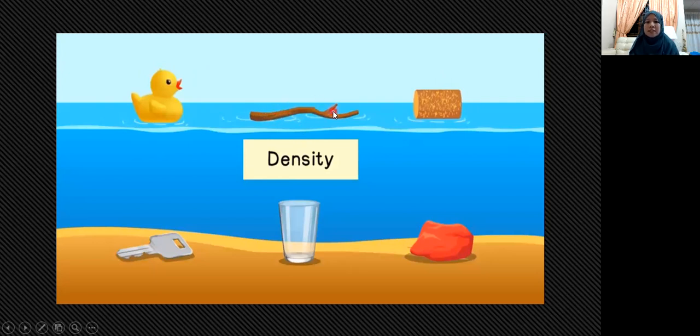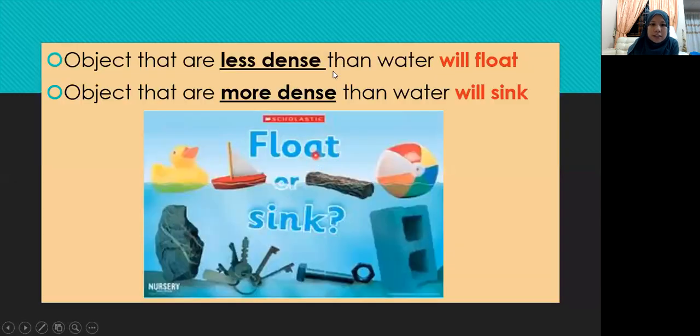Okay, all of these objects float. And why do these objects float? Because of the density. And you can see also key, glass, and also clay. These objects sink, and these objects sink because of their density. Okay, I will explain further after this.